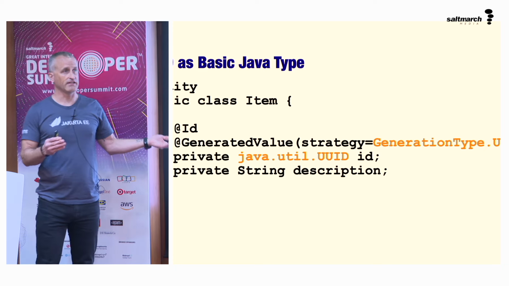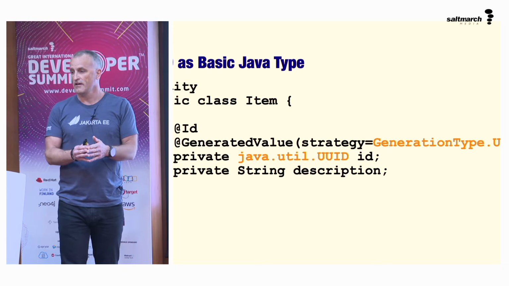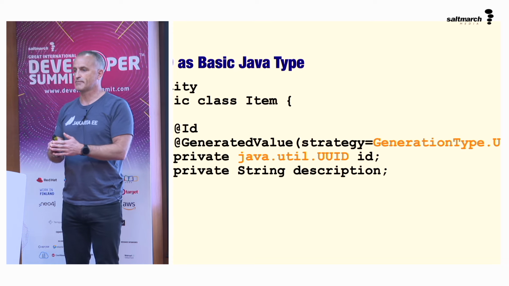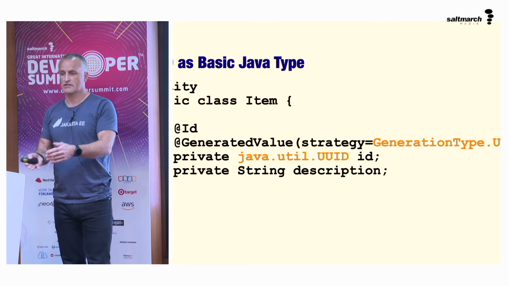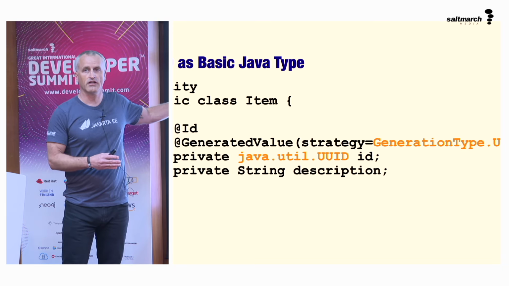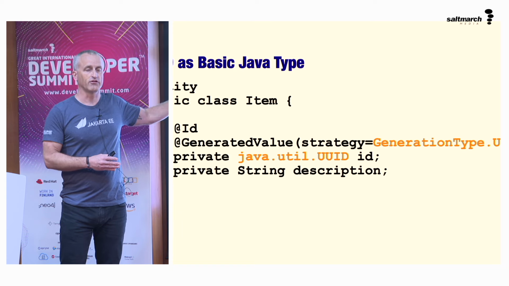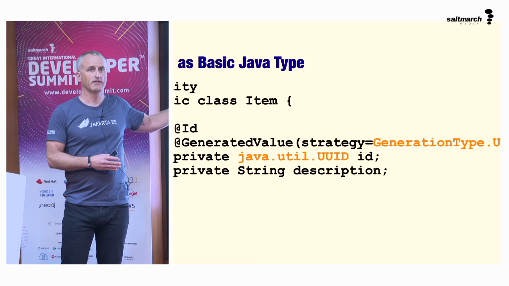And one thing we did in Jakarta EE 10 for Jakarta Persistence 3.1 is to add UUIDs as basic Java types. So that means you can now do this kind of code in your Spring Boot applications, because that's the version of Hibernate you most likely have in your code base.